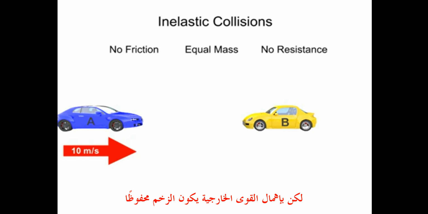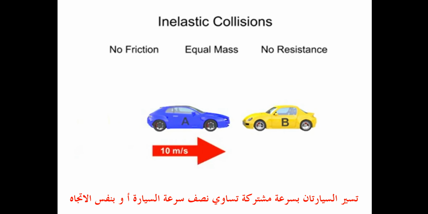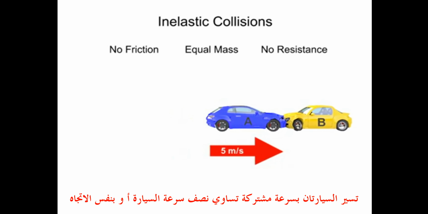With no road resistance, the doubly massive car wreck will continue moving in the same initial direction as car A, but at half the speed.